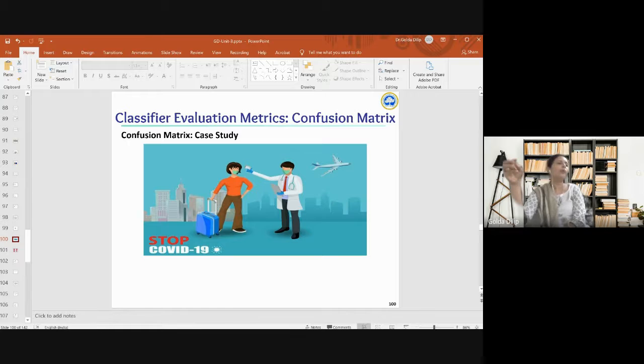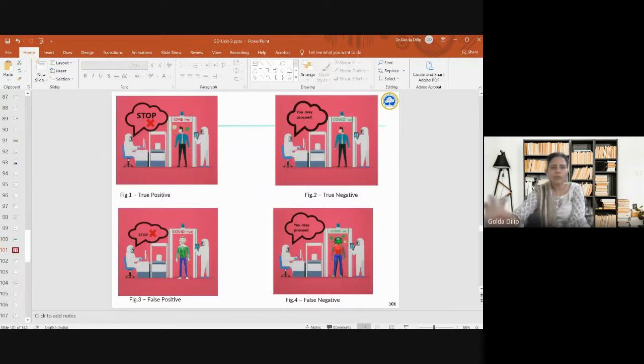Tracking COVID positive passengers at the airport can help in limiting the spread of the virus. Let's consider we have a machine learning model classifying passengers as COVID positive and COVID negative. When you perform the classification prediction, four types of outcomes can happen.